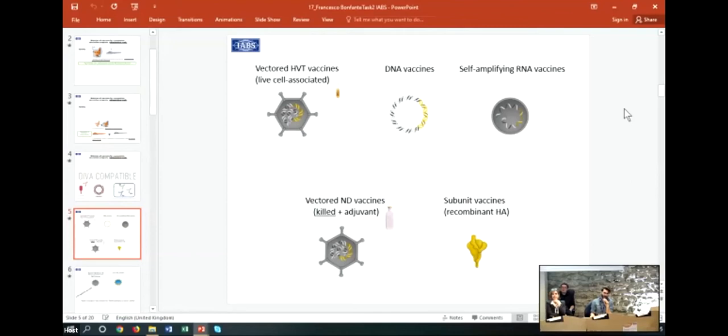And these have in common the fact that they will stimulate, ideally, an immunity only against the hemagglutinin of our virus, leaving us with a lot of options in terms of serological surveillance.